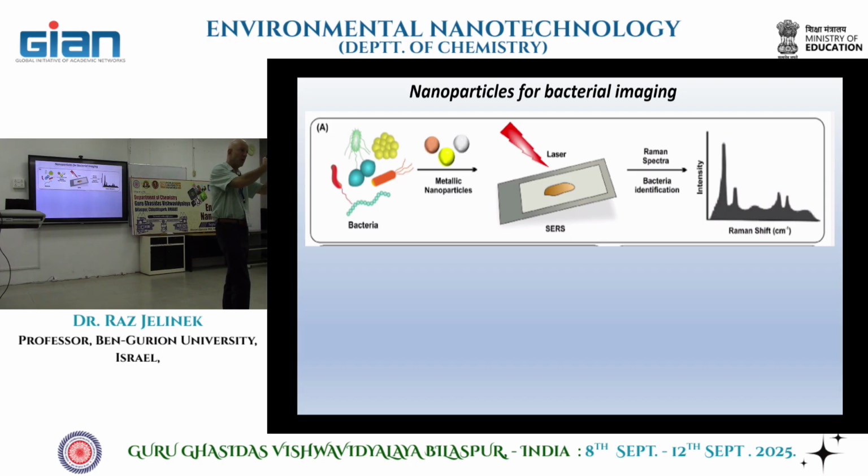Then you're going to have attraction, positive bacteria, negative nanoparticles, and they bind together. And why do you want metal nanoparticles? When you have metal nanoparticles, you can apply a very useful analytical technique, a spectroscopic technique called SERS.